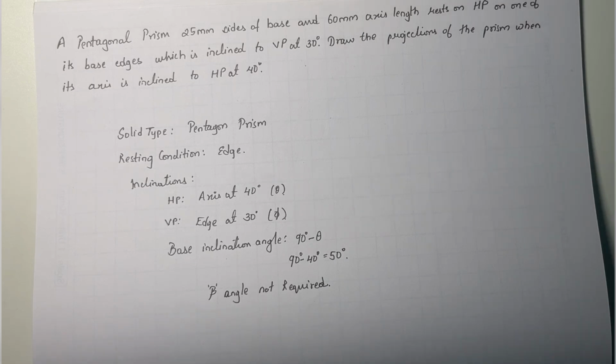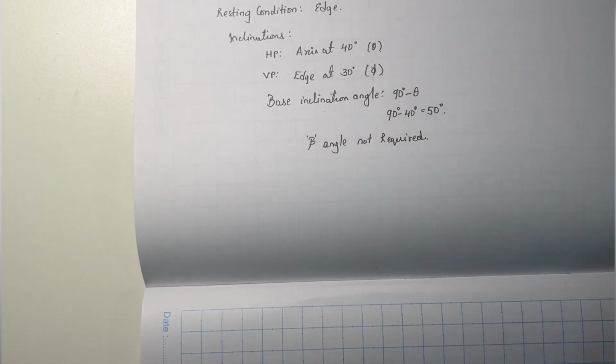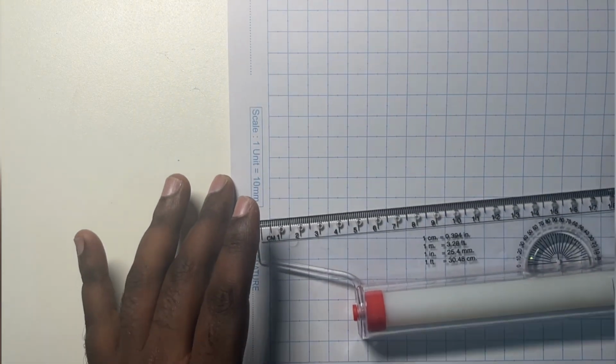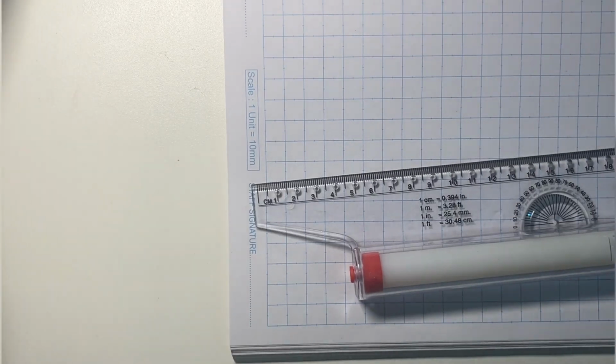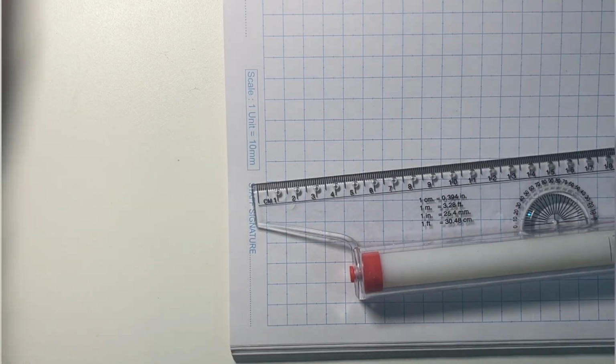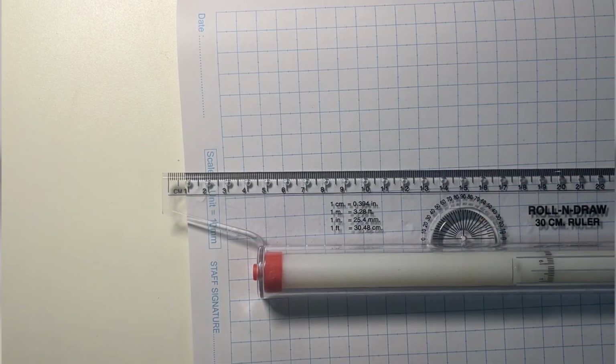So let us begin by constructing the XY line. The XY line, the projection lines and the visible lines are the key points that we need to understand in the construction. So now let me begin the construction by drawing the XY line.